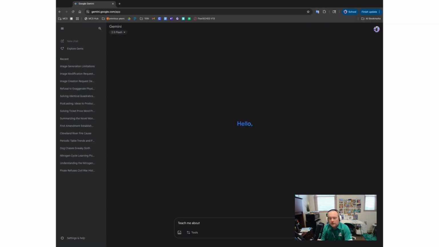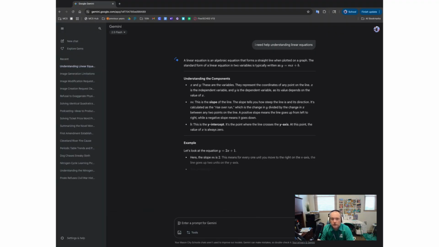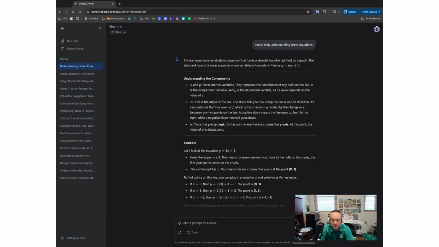So having them just utilize it as a teaching tool alongside of you can be awesome, right? So if I'm learning about linear equations, I need help understanding linear equations. It can be a learning support for those types of things, but something you can do that's going to promote a lot more creativity and critical thinking is giving it a role.